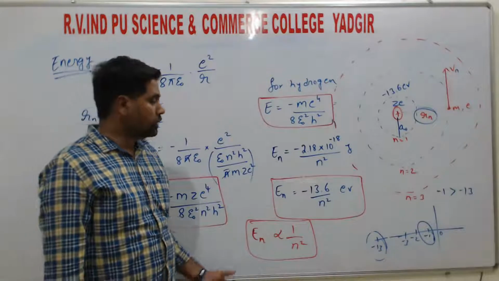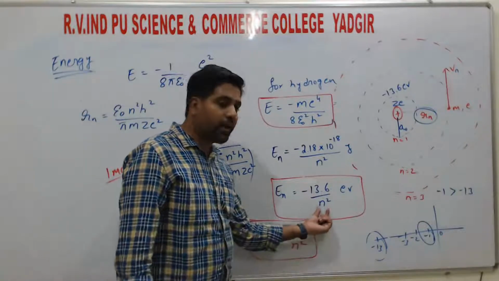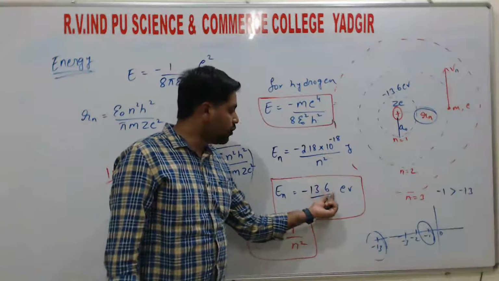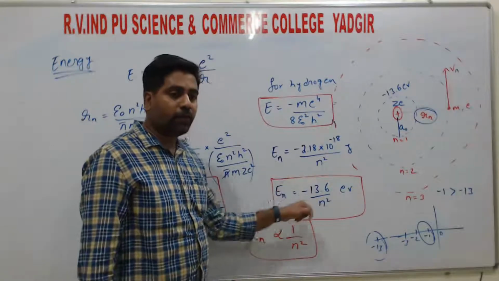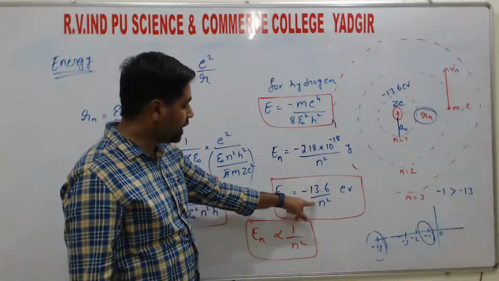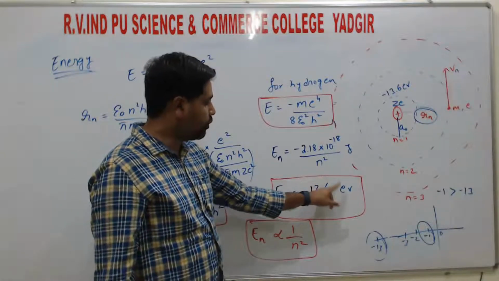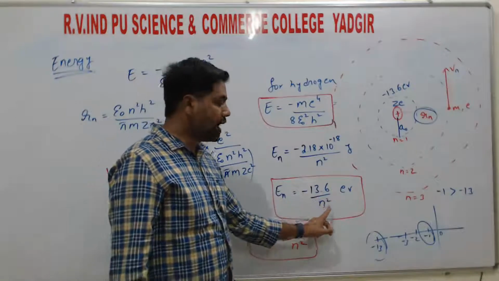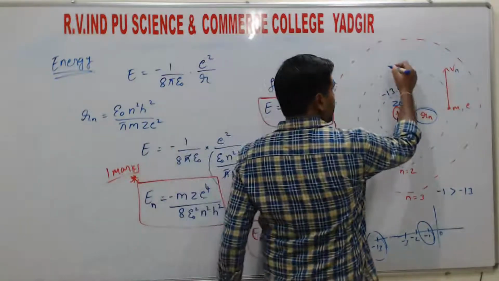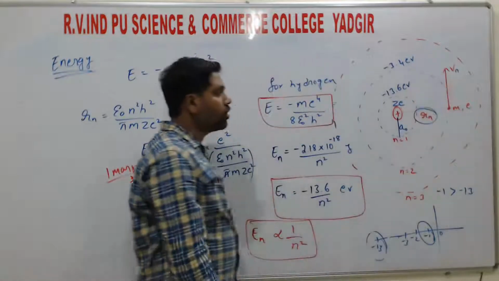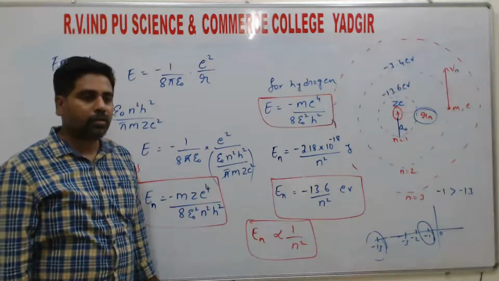Now if we substitute n equals 2, 2 square is 4, and 13.6 divided by 4 gives 3.4, that is minus 3.4. So in the second orbit we get minus 3.4 electron volt.